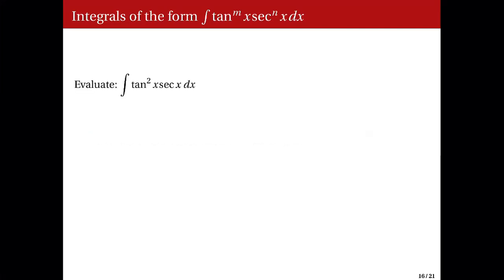So for example, you have here the integral of tangent squared x secant x dx. This is an example where we cannot use the first two methods. So what we're going to do is convert this tangent squared into secant. We have the integral of secant squared x minus 1, and then secant x dx.